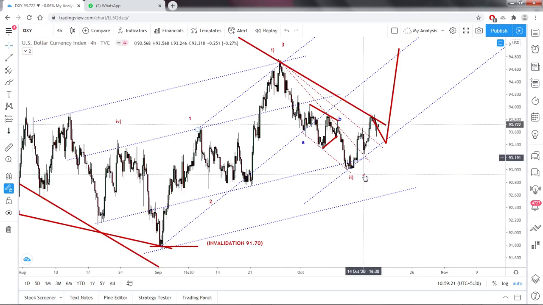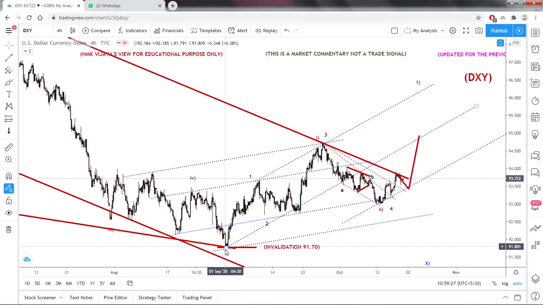In case, see, this is one A, B, C that is over, and this is also a 3-wave structure, and this is also a 3-wave structure, and again one more 3-wave structure is done. So whether this could be a leading diagonal triangle or whatever, that is why I have placed 1, 2, 3, and this is the 4th, and it didn't break this low, so yet that is invalid for the leading diagonal triangle.